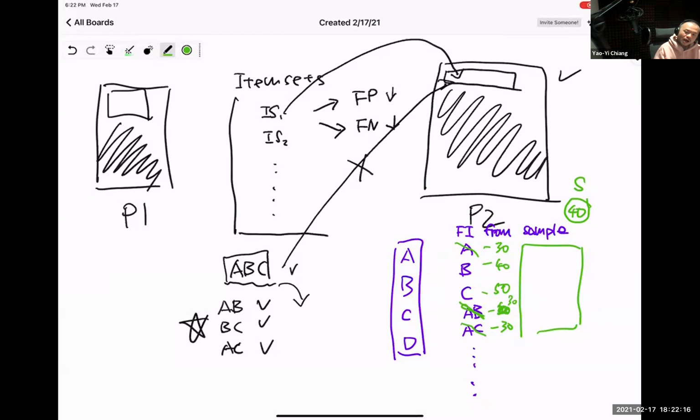I think right now one of the concerns is still the false negatives, right? So how do we look at this? If we want to construct a negative border, we have ABC. And if we only look at single items, who would be in your negative border?